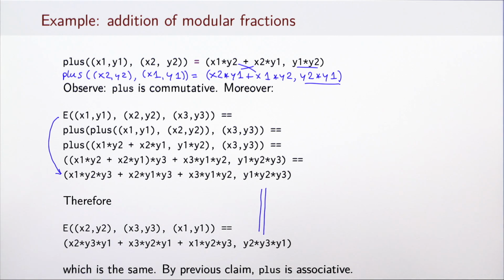Well, we have three parts of the addition, and it turns out that the first one corresponds to the third one in the new expression, second one corresponds to the first one in the new expression, and third one corresponds to the second one in the new expression. So now we have shown that rotating arguments of E gives in fact the same expression, and because plus is also commutative, we obtain that f is associative.